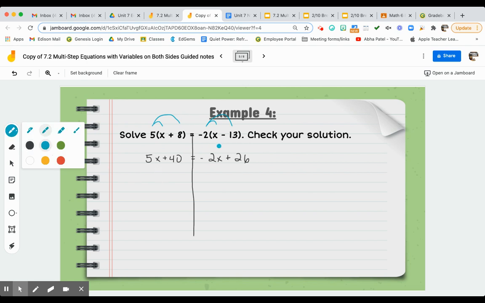And now, again, this is a negative 2x, and this is a positive 5x. So I like to add the 2x to both sides to keep that variable positive. So 7x plus 40 is equal to 26. Subtract 40 from both sides.